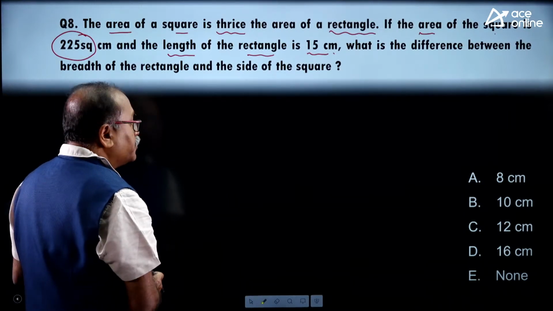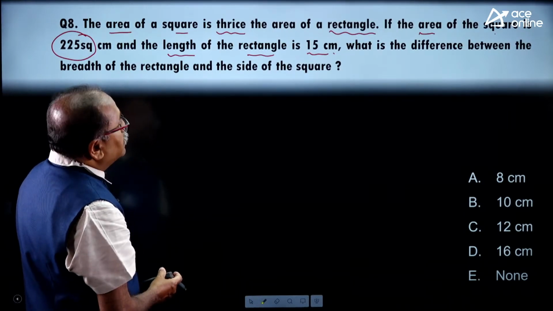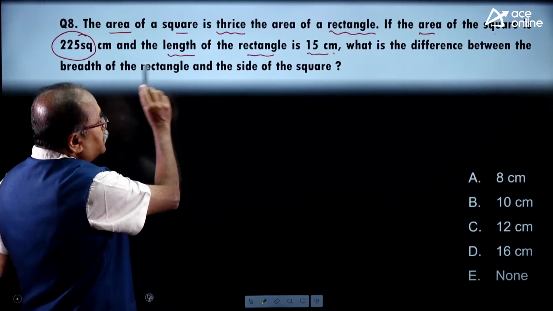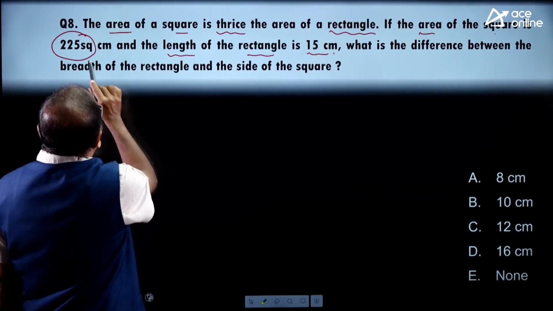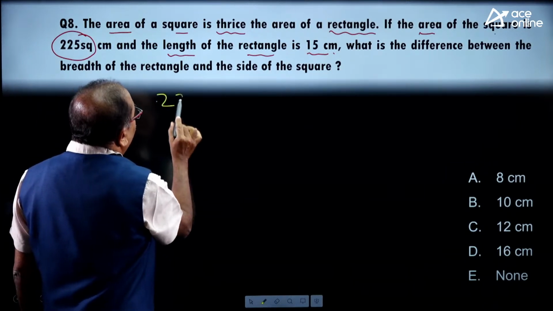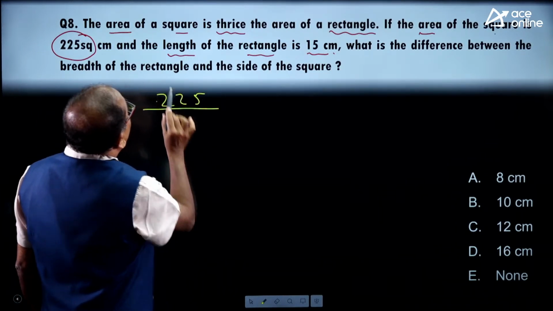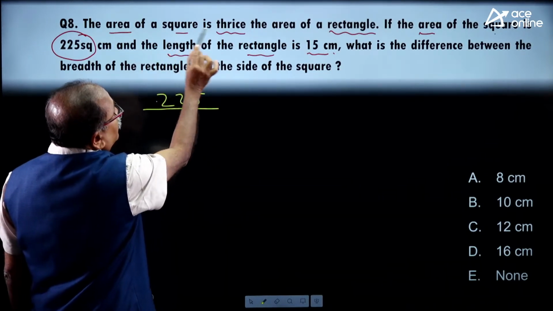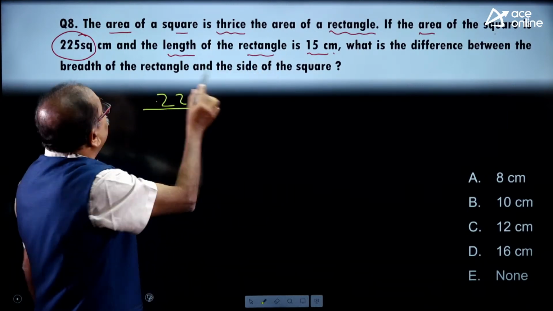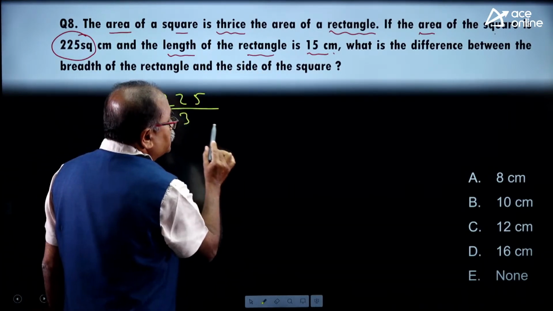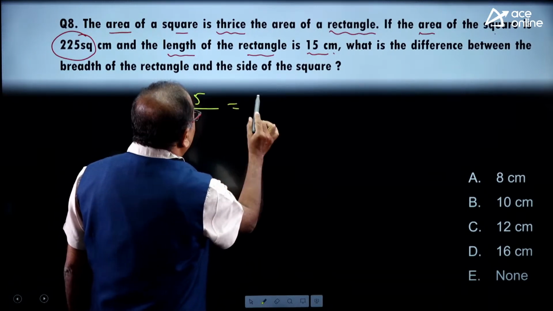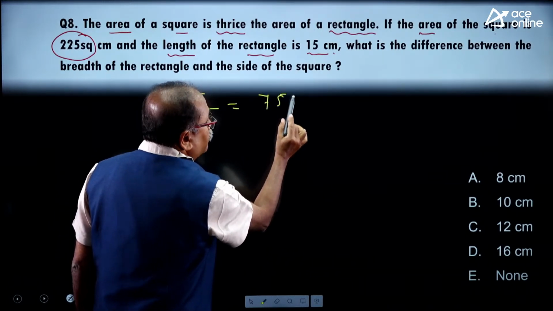Let me work it out on this, and I'll give the initial information. The area of the square is 225. The area of the square is 3 times the area of the rectangle, and the area of the square is given to us. So divide this by 3 and you will get 75.